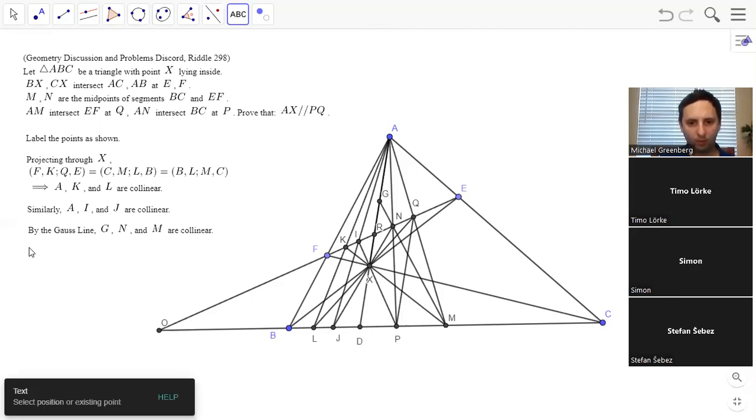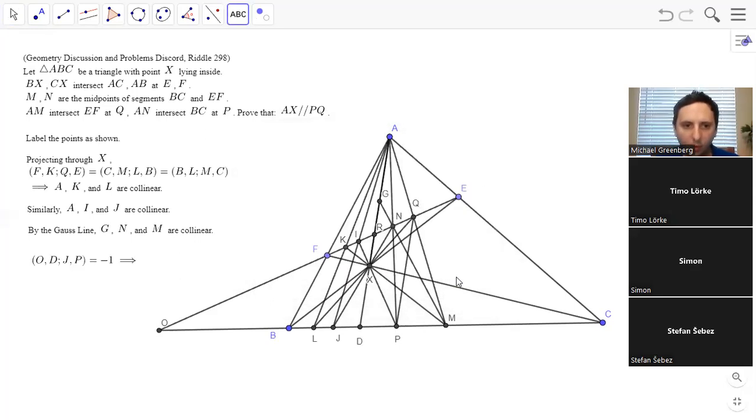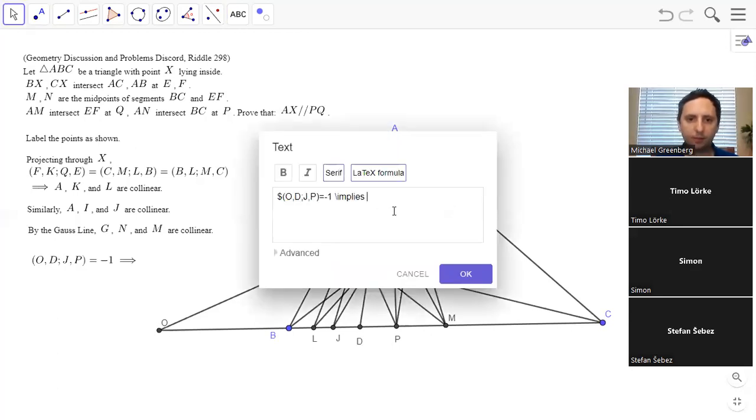So I'll say T is harmonic, implies that ORIN is harmonic.